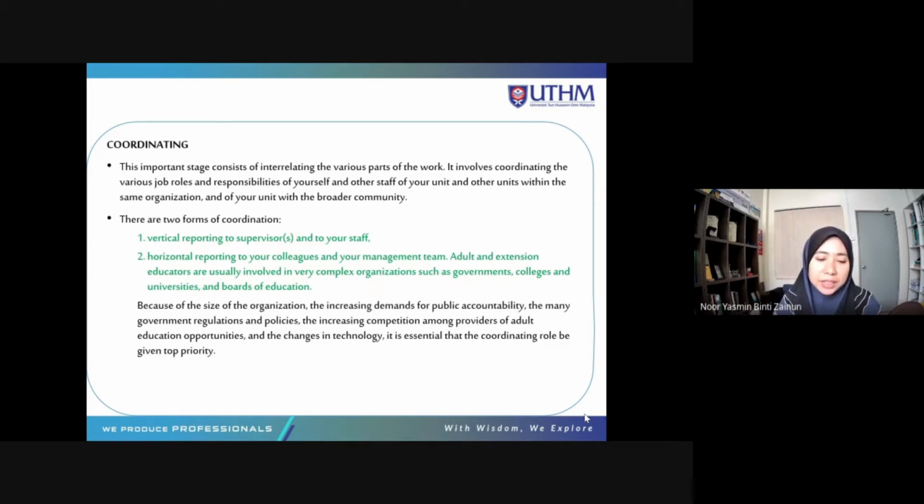Okay, so comparing with site construction, you need to report to the boss above you. Okay, so kalau dekat site, manager, site manager report dekat project manager. So dia naik atas. So in construction we have vertical reporting.